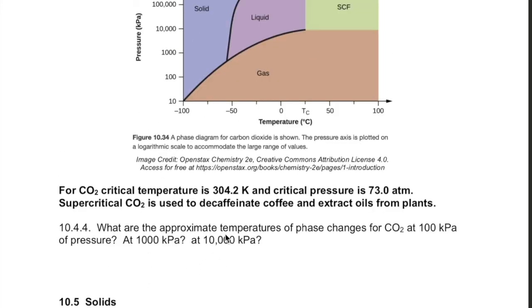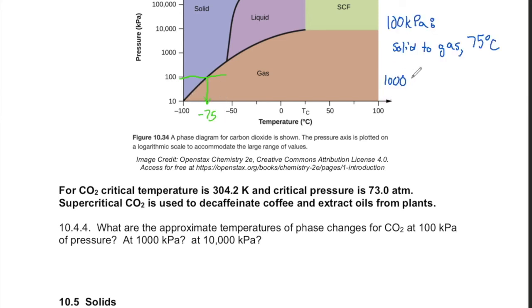Let's take a look at what phase changes are for carbon dioxide at these various pressures. So at 100 kilopascals, close to atmospheric pressure, CO2 goes from solid to a gas at close to minus 75 degrees Celsius.